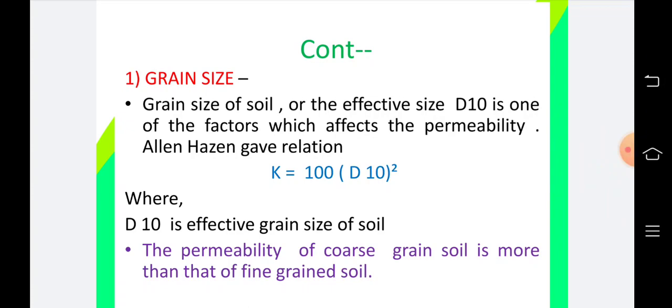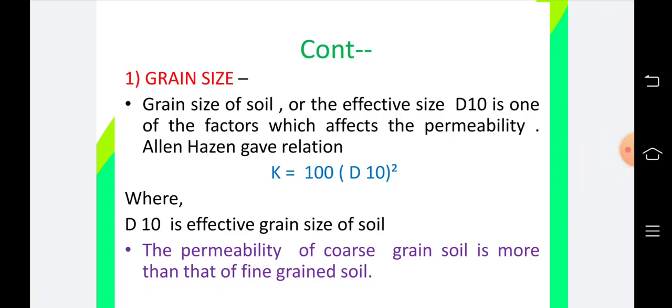According to the scientist Allen Hazen, the relation for permeability in terms of grain size is K equal to 100 into D10 squared, where D10 is the effective size or effective diameter.